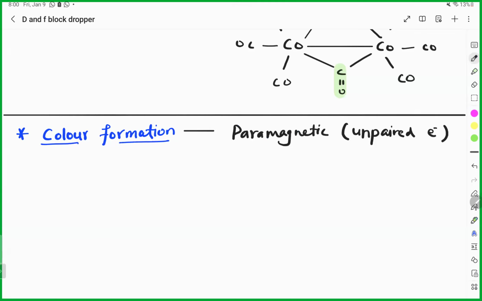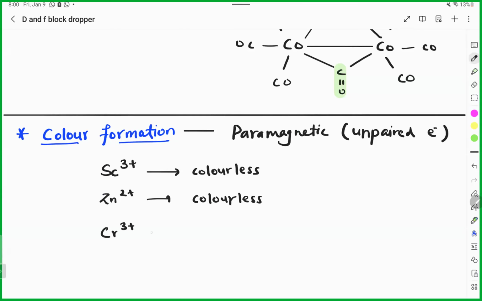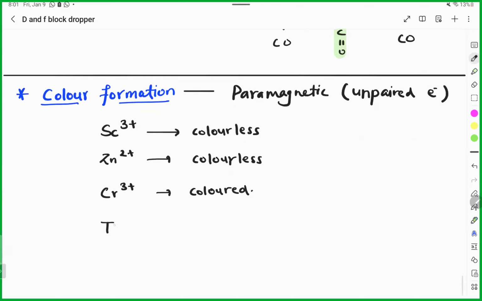It means if you see scandium 3 positive, it will be colorless. Why? No unpaired electron. Zinc 2 positive, colorless. Why? No unpaired electron. But if you take chromium 3 positive, it will be colored. Which color, we are not bothered about. It will be colored because of unpaired electrons. Barinder, will this titanium 4 positive be colored or colorless?